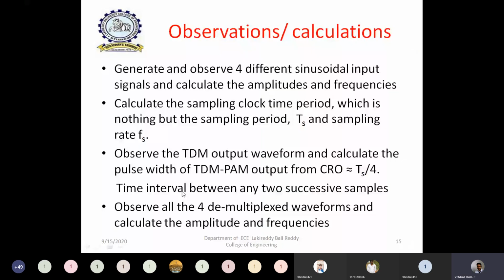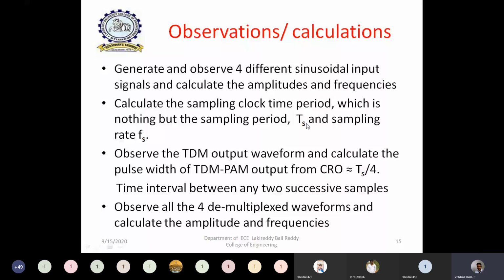Finally, what are the observations or calculations you must do for this particular experiment? The first thing is we need to observe all the 4 different sinusoidal input signals, calculate their amplitude and frequencies, and calculate the sampling clock time period, which is nothing but the sampling period TS, and then FS.